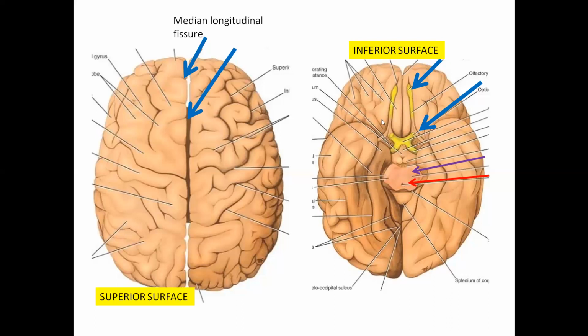Now, in the inferior surface, this area that you see here, bounded anterolaterally by the optic tract, posterolaterally by the crus cerebri of the midbrain, this region is called interpeduncular fossa. Okay, this interpeduncular fossa is an important area in the base of the brain. It's an important 5 mark question for you.